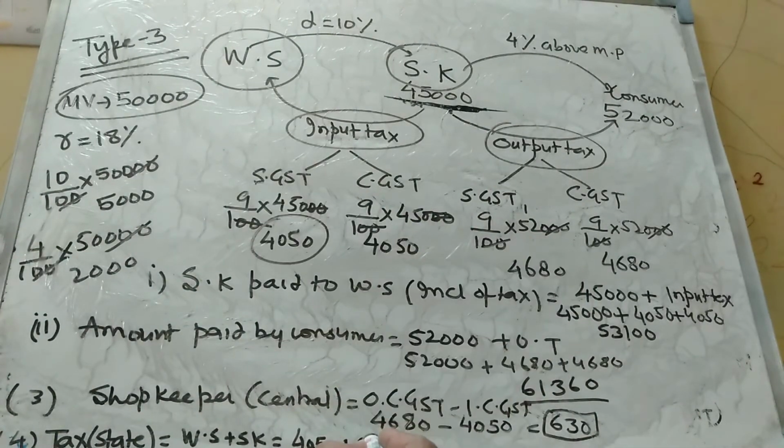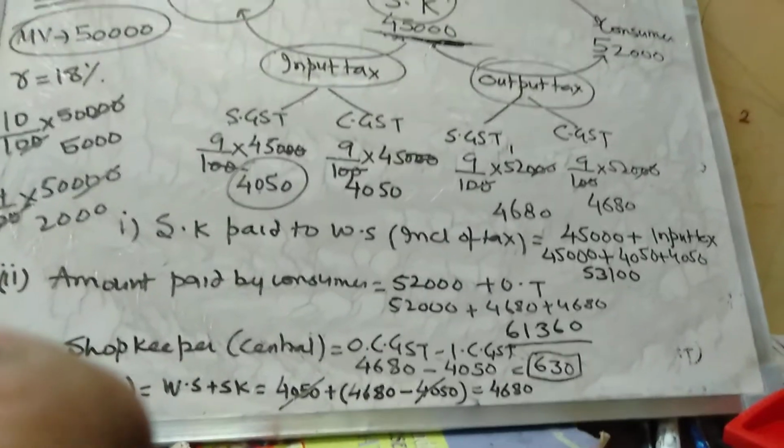Output SGST is 4680 minus input SGST 4050. So 4050 cancels, and 4680 would be the tax received by the state government.